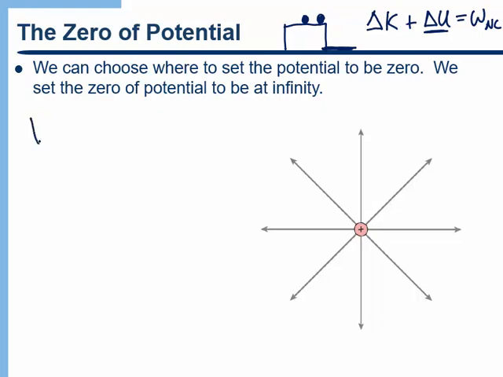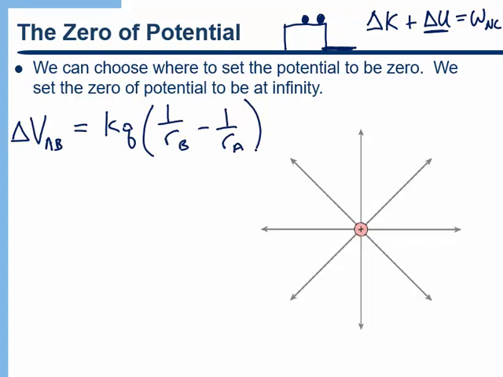Here's what we have so far. Delta VAB is equal to KQ times 1 over RB minus 1 over RA. But now let's say that point A is all the way out here at infinity, and we arbitrarily say that the voltage, the electric potential, at infinity is 0. To write that out, remember delta VAB stands for VB minus VA.